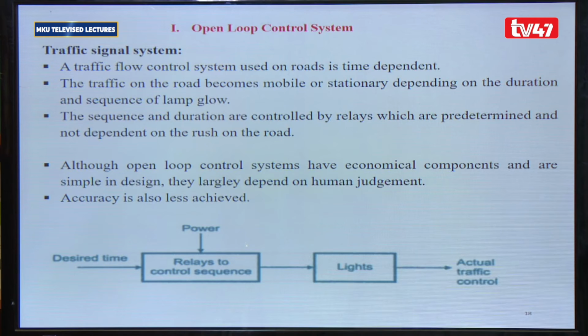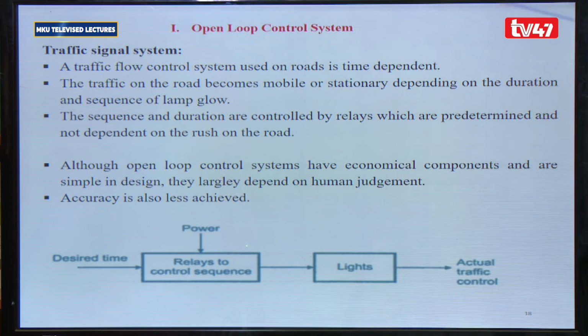Then we also have another example, the traffic signal. This is what we have encountered several times. Apart from the traffic signal system, you find in some countries they have traffic controllers, or they control it manually. The traffic signal system depends on the time. So it will not judge the road that is overcrowded or having a lot of jam so that it can open.